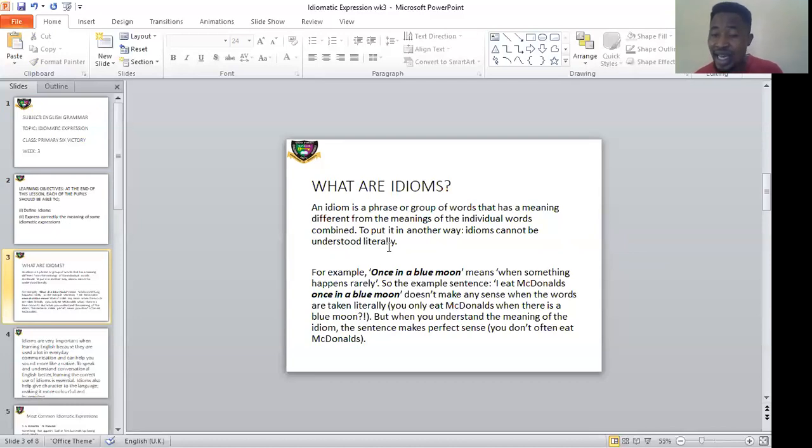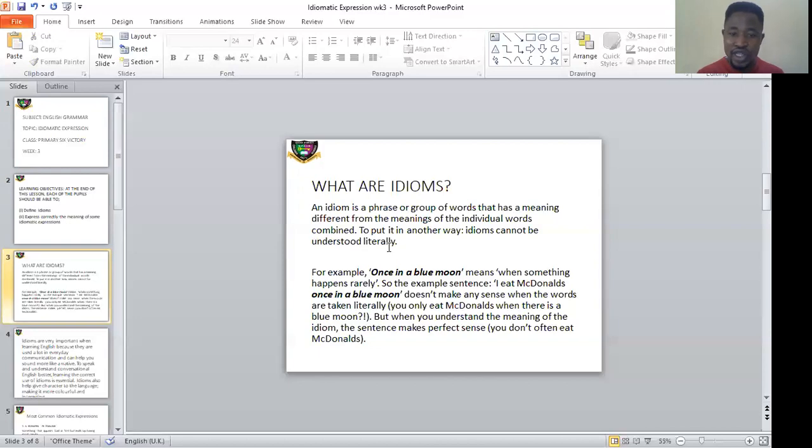Now, what that means is that just reading through an idiomatic expression, you cannot deduce, or you cannot actually tell by merely looking at the words or the sentence, the meaning. All right, the meaning that those idioms have is quite different from the combination of all the words in the sentence.